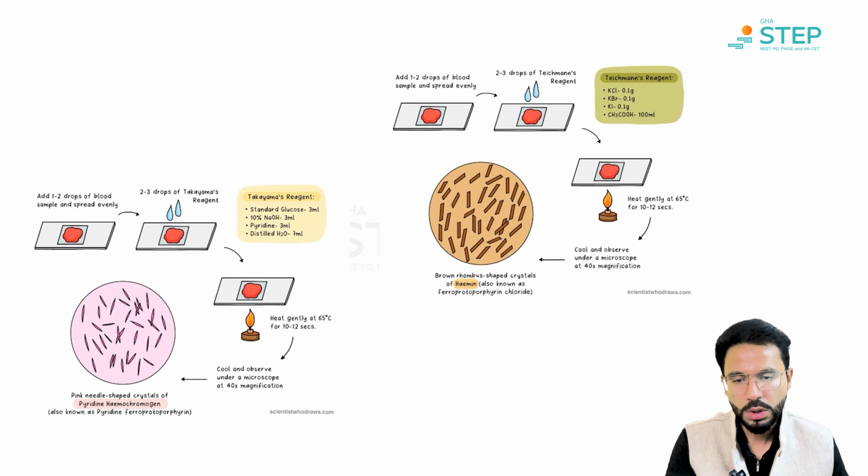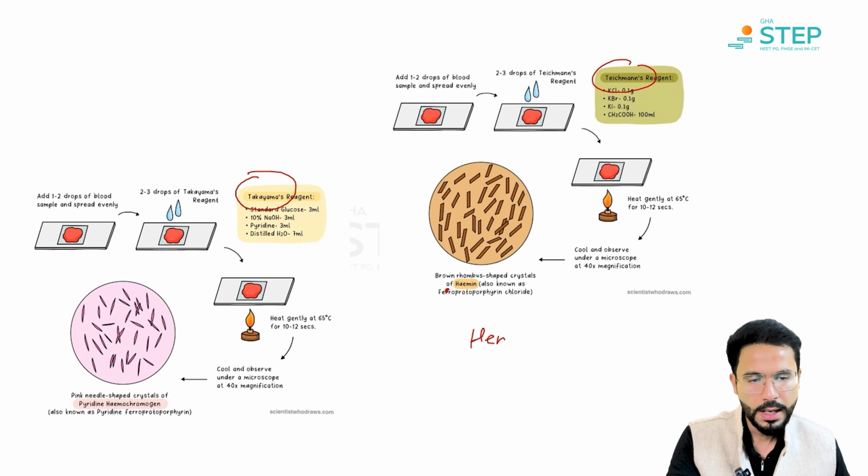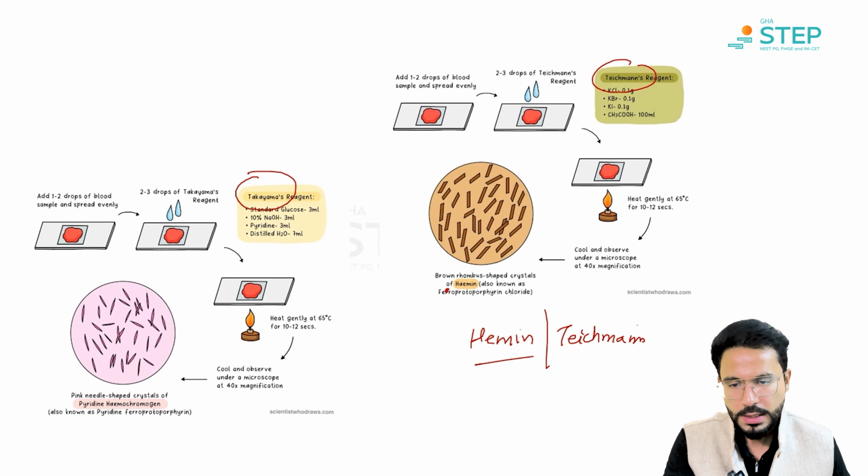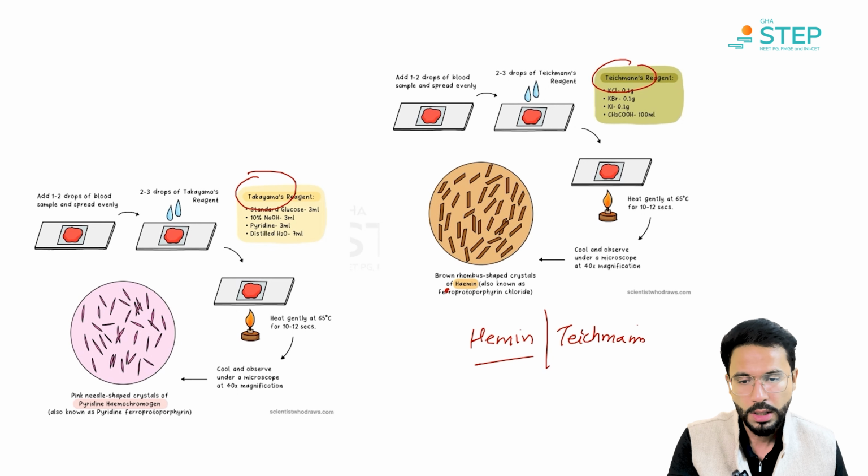Just an image showing you about the blood tests that we talked about, Takayama test and Hemin or Teichmann test. Both have the same meaning, Hemin also known as Teichmann test. They are the blood tests. If you feel a suspected stain is blood, the Takayama test will show you pink needle-shaped crystals of pyridine hemochromogen.